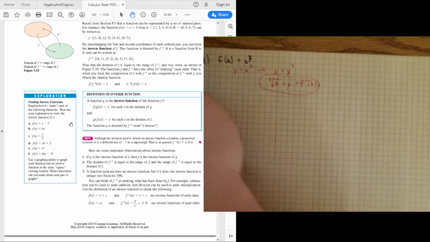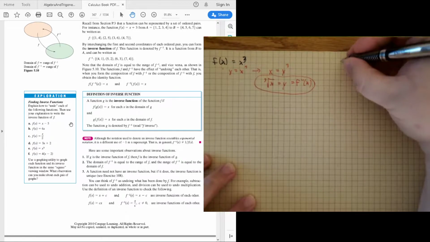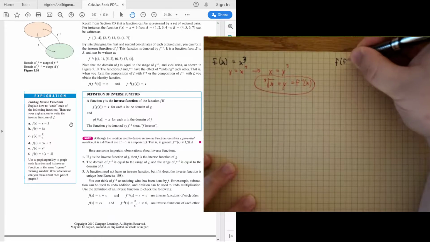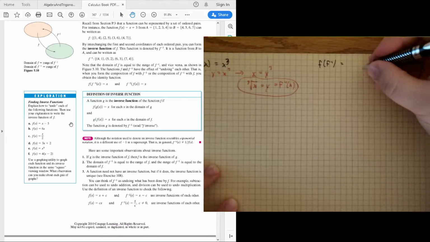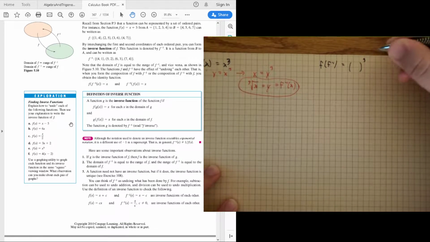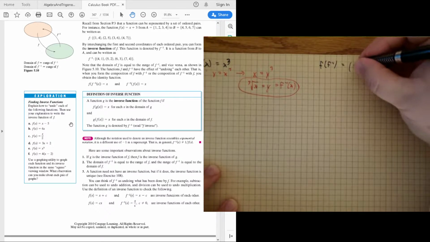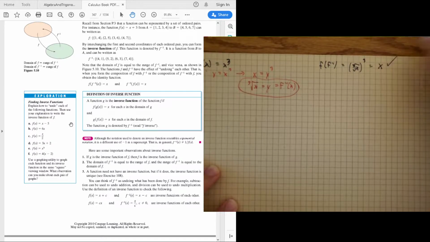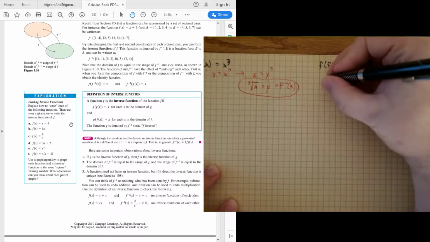And note, just like before, if we were to go ahead and do f of f inverse, we would do f, which is that thing cubed, but everywhere there used to be an x, we're going to replace with the inverse, which checks out, because remember, the cube and the cube root will cancel.